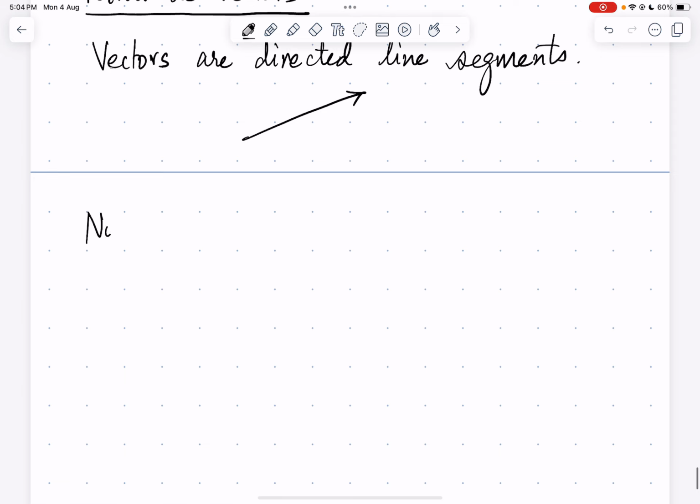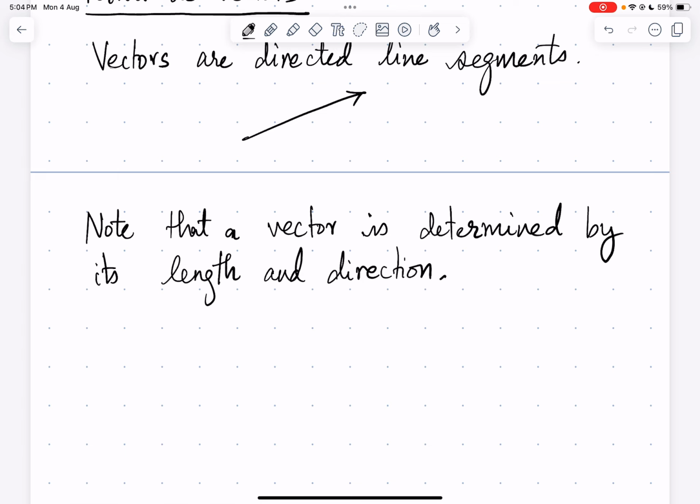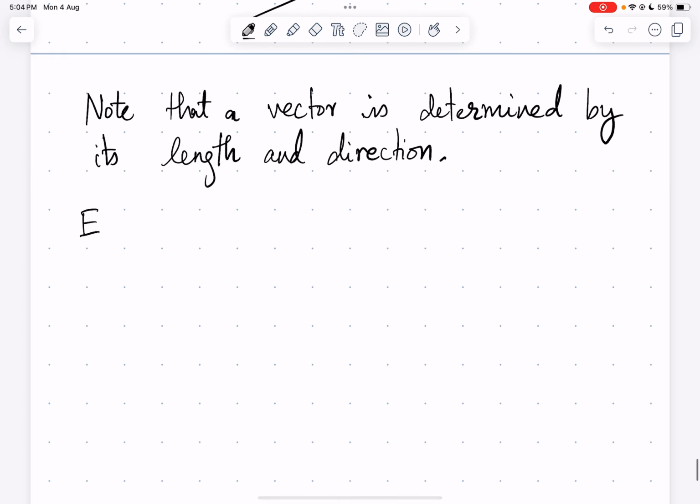So especially note that a vector is determined by its length and direction. To specify a vector, you just need to specify its length and direction.